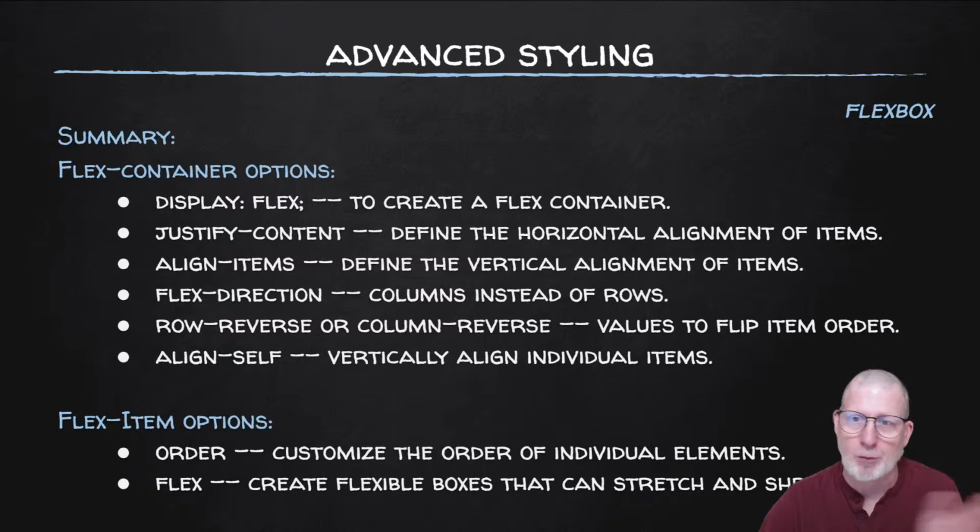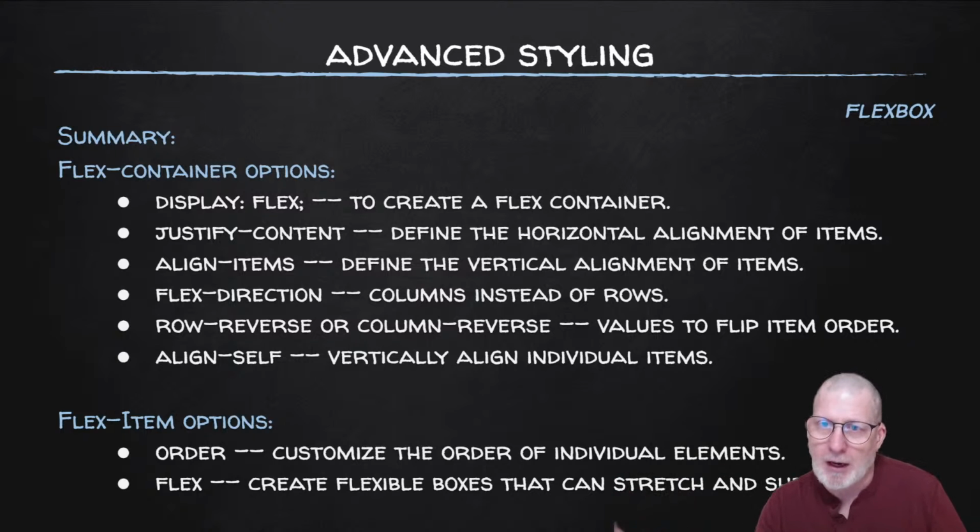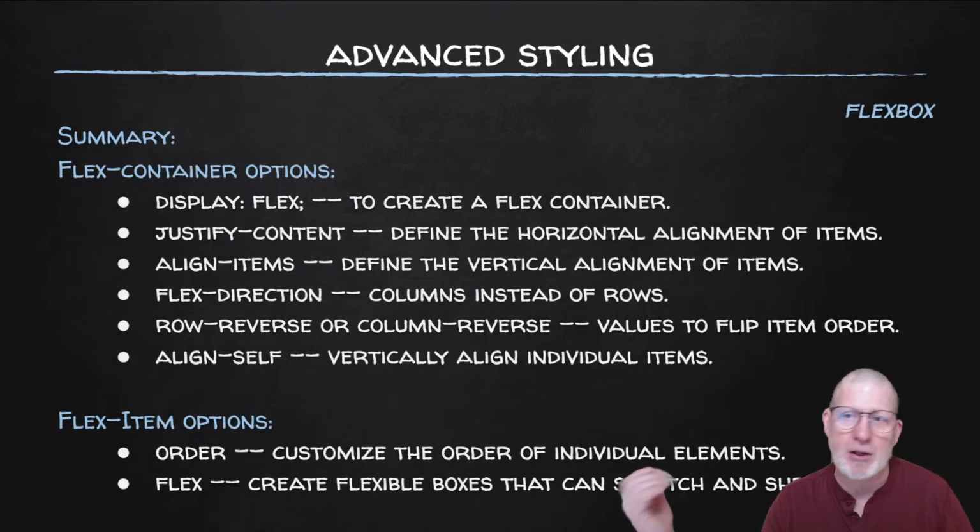We use the flex direction to switch whether things go left to right in columns or top to bottom in rows. And we can use a couple other flex styles, row reverse or column reverse, to flip the item's order. If we want to itemize things from right to left, then we can change the order of those.